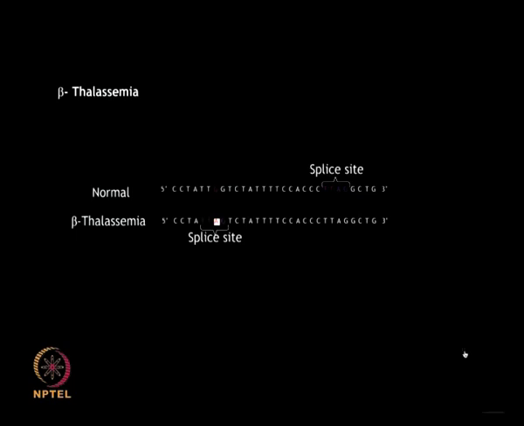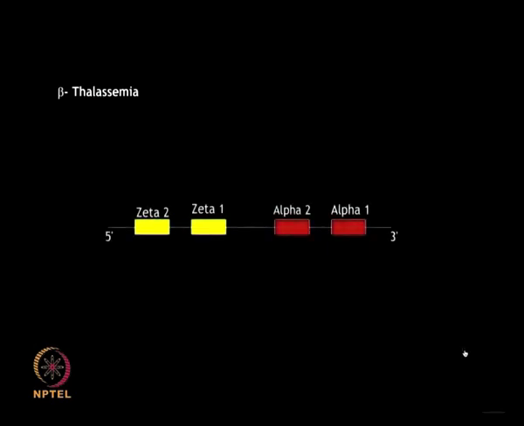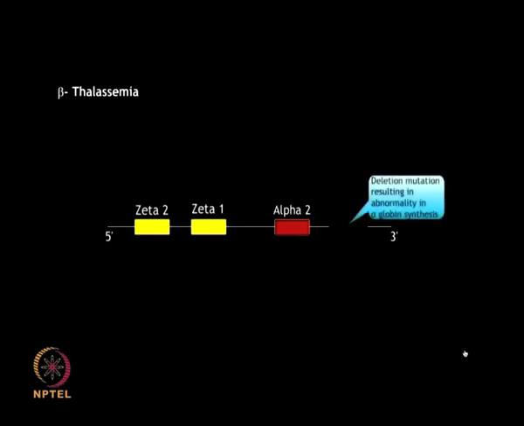The resulting mRNA contains a stop codon further upstream and leads to premature translation termination, thereby producing aberrant protein. Deficiencies in alpha globin synthesis, due to inactivation of one or all of the 4 alpha globin genes, result in alpha thalassemia.